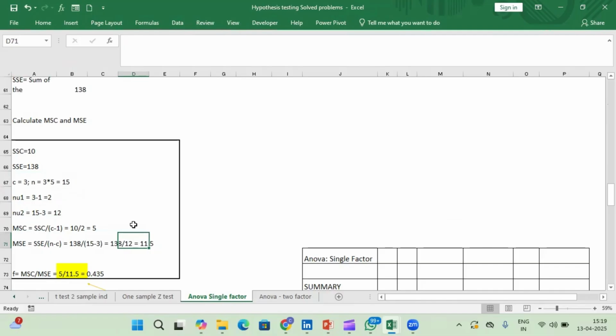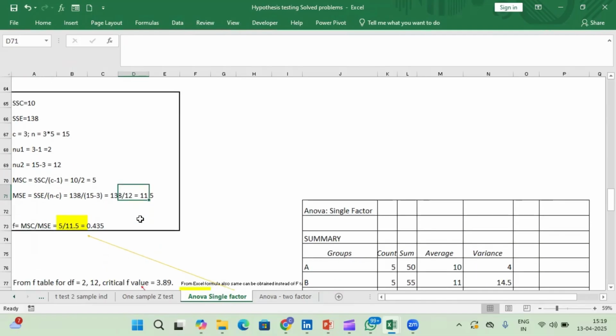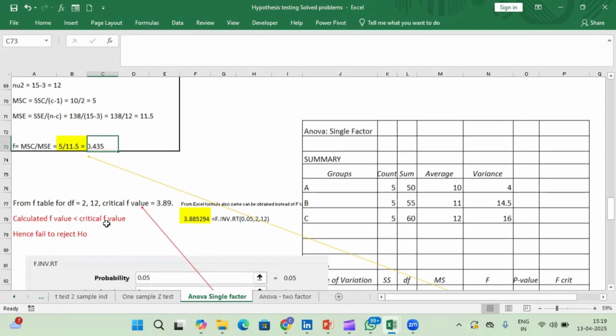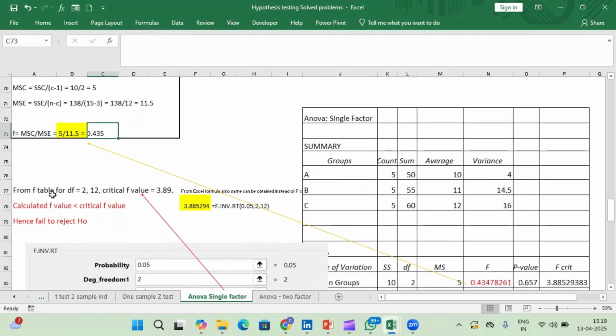Now F stands for Fisher. So Fisher is the discoverer of this method. The F statistic is MSC by MSE, that is 5 by 11.5, which comes to 0.435. Now that has to be compared with the critical value.